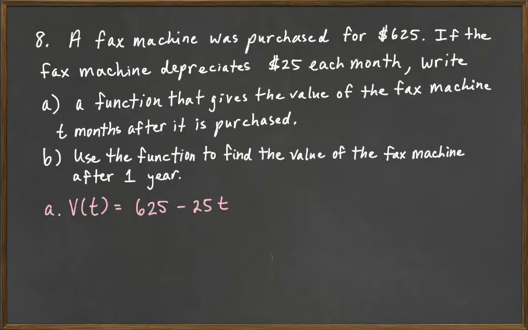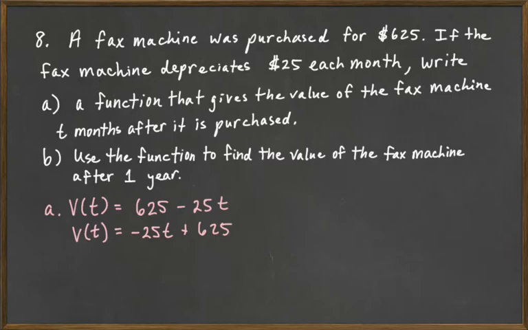Make sure that it's working the way you expect it to. Now the other thing I'd mention here, I like the way this order is just because its value started at 625 and it's decreasing $25 per month. So logically I like this arrangement, but some people would write it this way and put it in slope-intercept form. So either way, really, I don't think it matters that much.